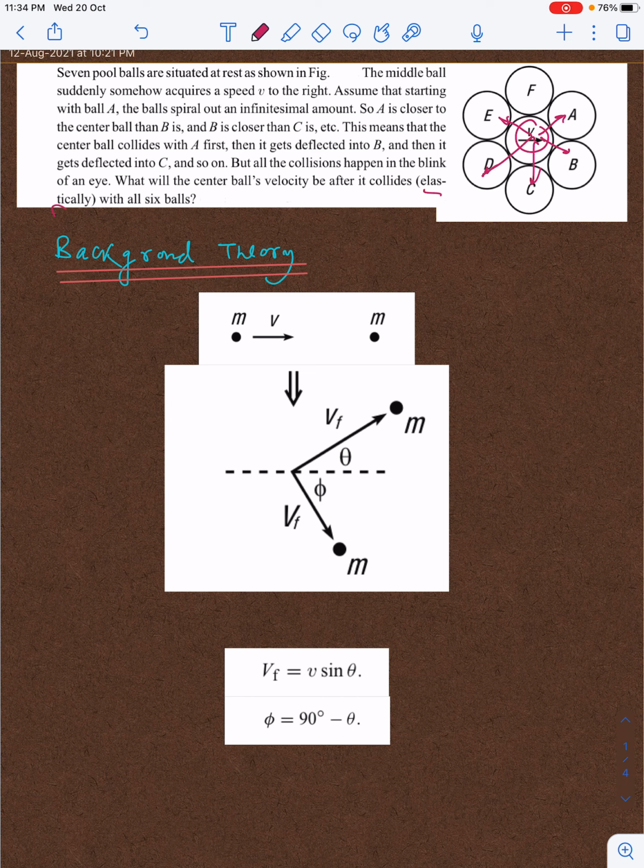So I will refer to a basic simple theory, and I will not do the derivation. The derivation part is left up to you. So derivation is your task.